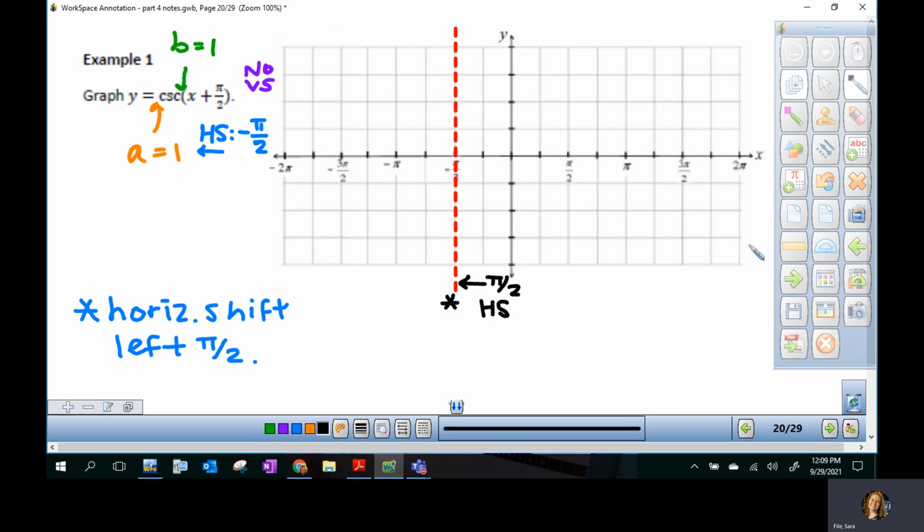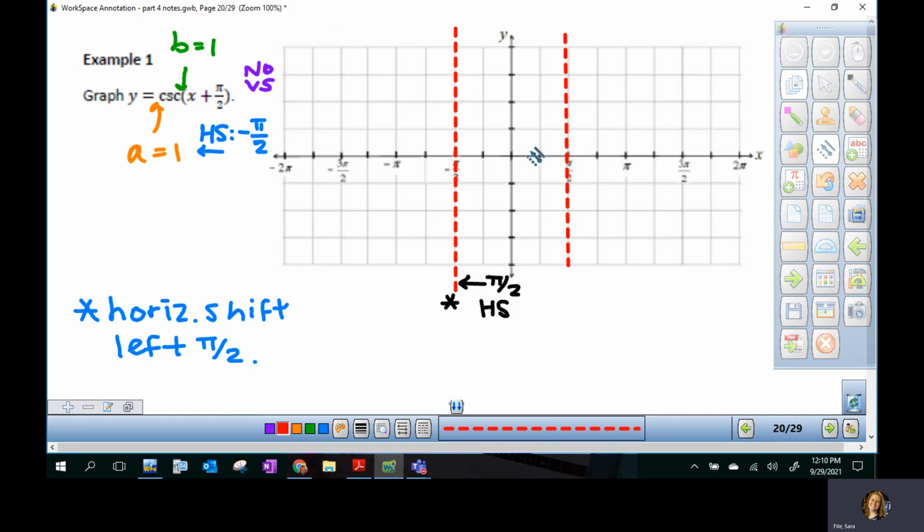How far apart are the asymptotes on secant and cosecant functions? They're 2 pi is the period. Okay, but that's not how far apart each asymptote is, right? Okay, they're pi apart. So if this is at negative pi halves, I would go to positive pi halves. Okay, so the distance between those, that's how far the spacing should be between each asymptote.